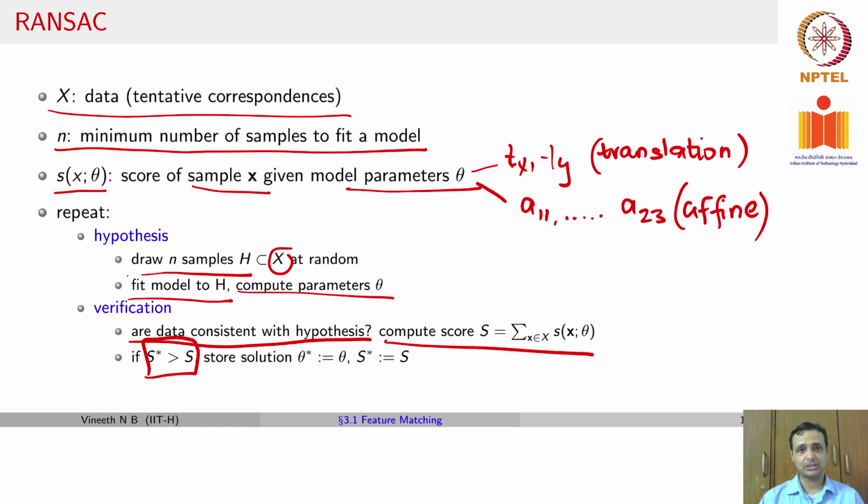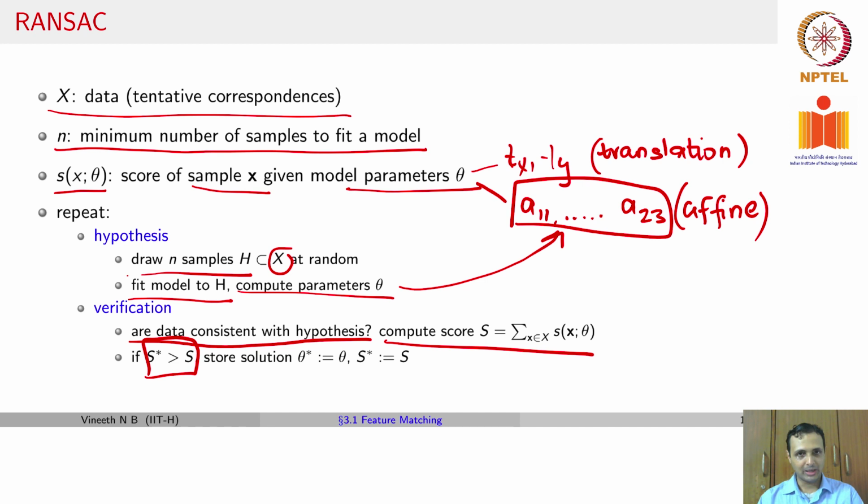You fit an affine transformation model, which means by fitting, you can actually solve for a11 to a23 using a linear system of equations. When we say linear system of equations, using a least squares regression fit, you'll get a bunch of values a11 to a23. Now you try to see among all your correspondences, which of them would stay within an epsilon neighborhood of this particular transformation.